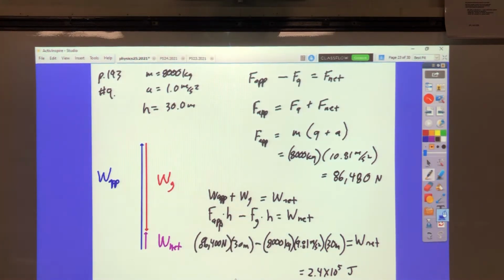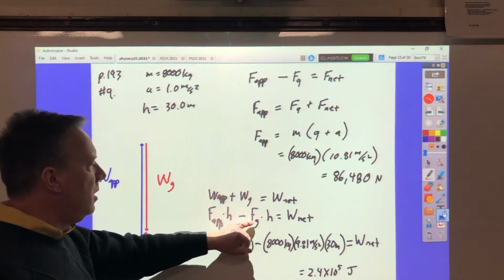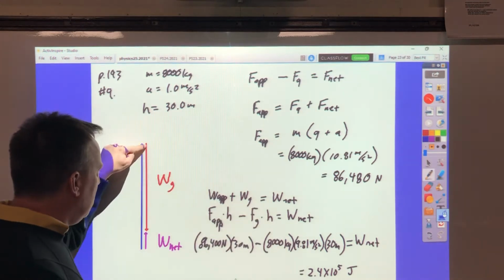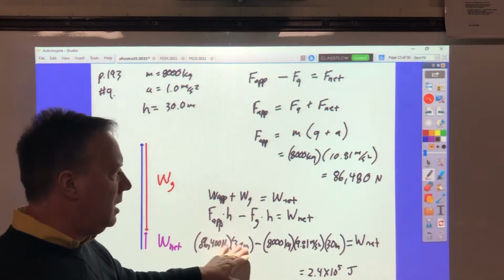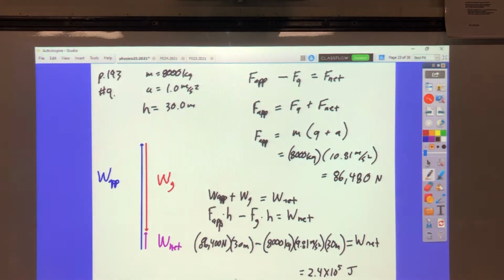There we go. So then I have the work done by the applied force, and I'm subtracting off the work done by gravity, and I end up with net work, and that comes out to be 2.4 times 10 to the 5th joules. I think there's a way to shorten this up, but it's probably more intuitive this way.